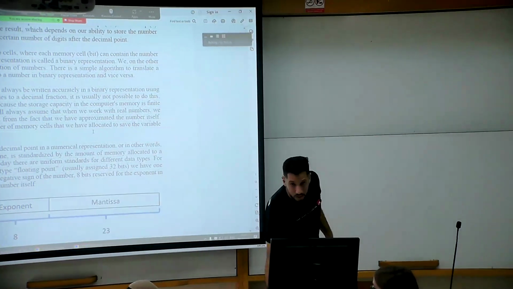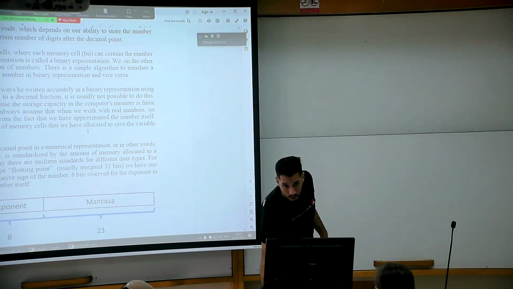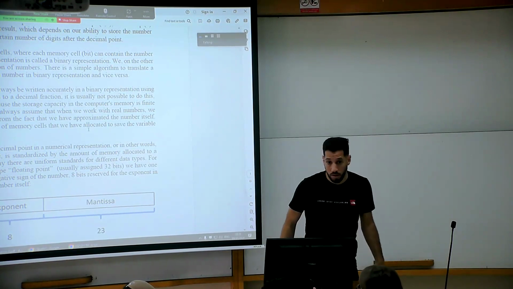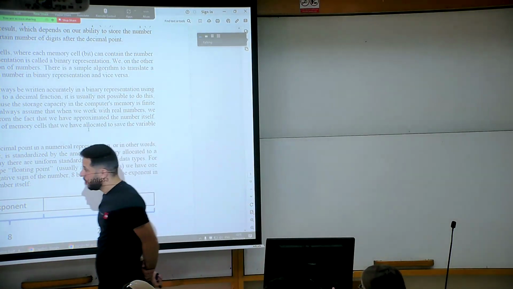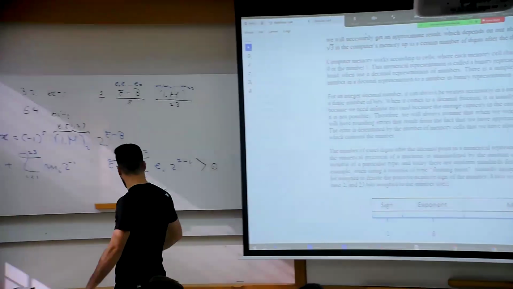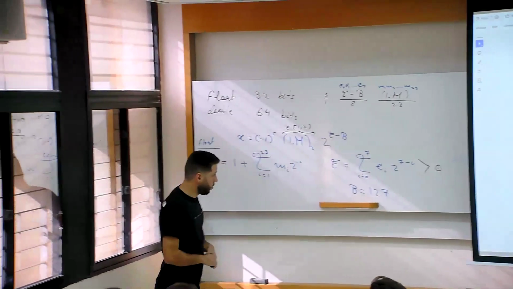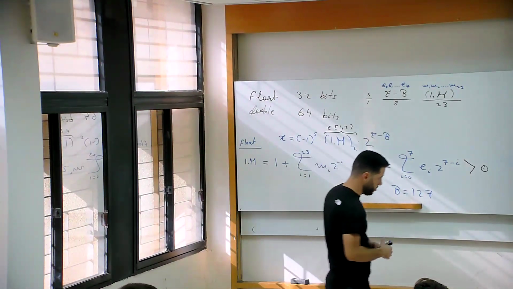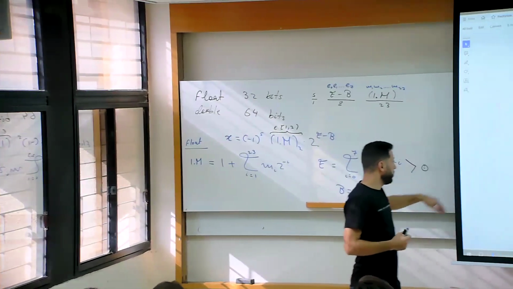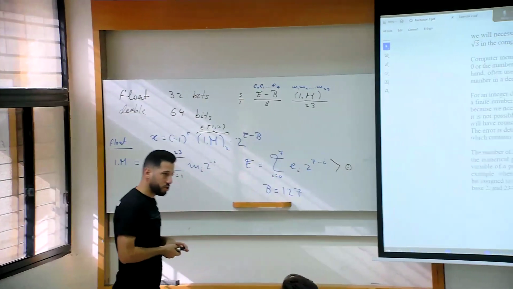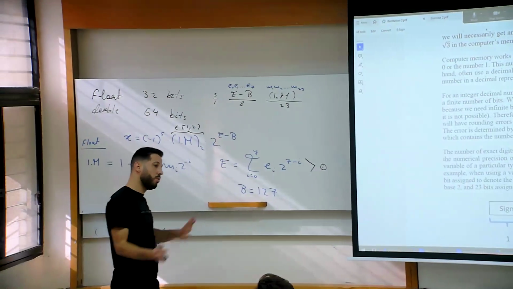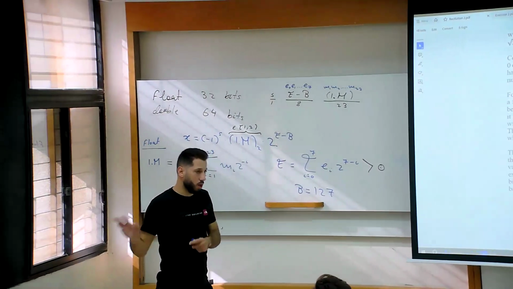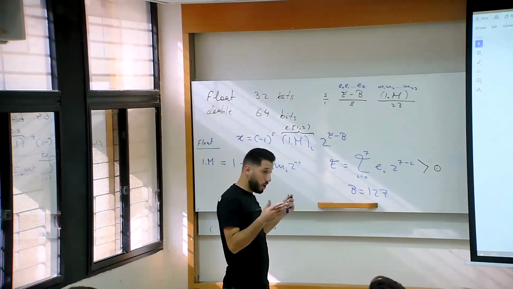Any question for that? Can you explain again the bias? Okay. Why do I use the bias? I use it in order to be able to store small numbers as well as large ones.